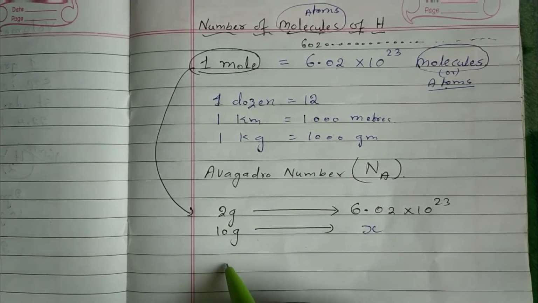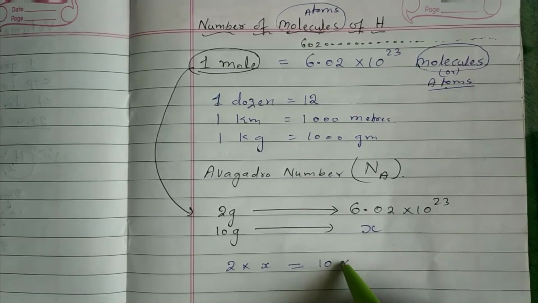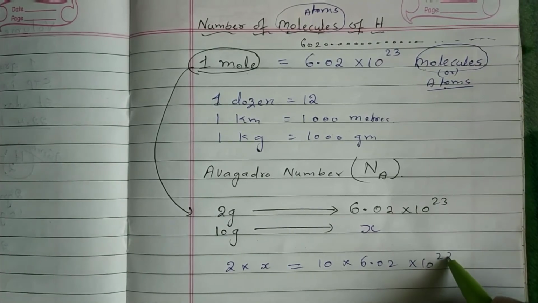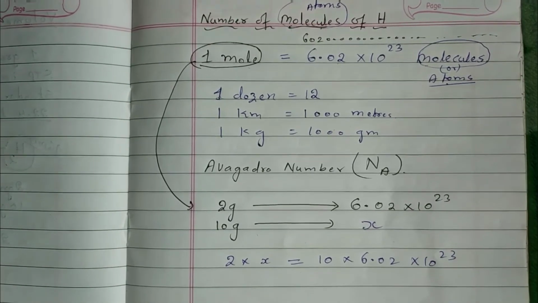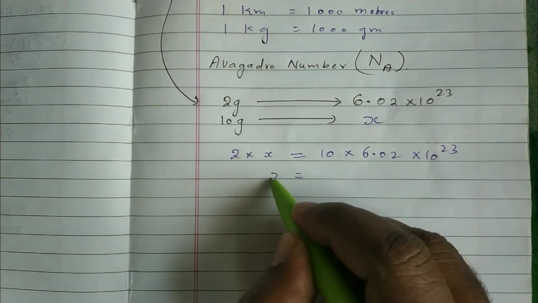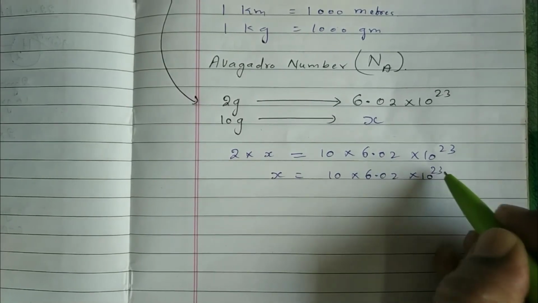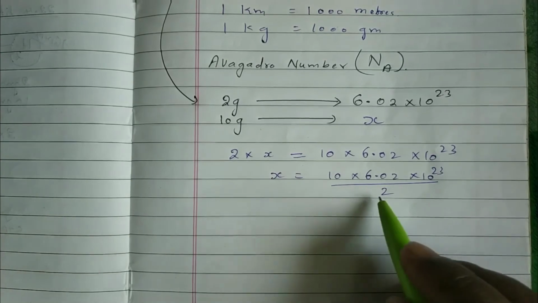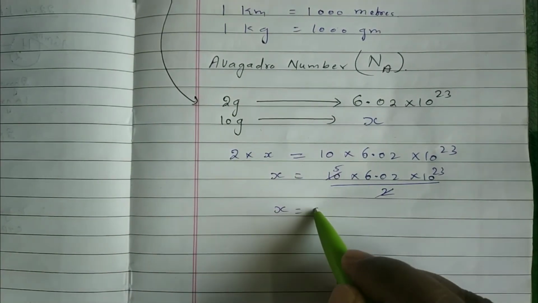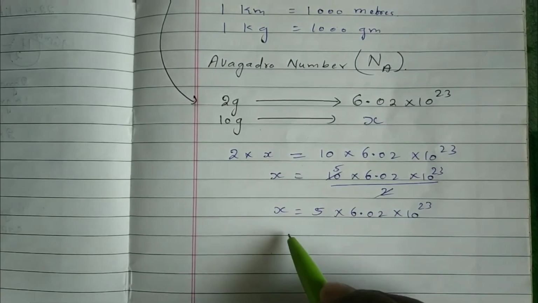Again you do the cross multiplication. 2 into x is equal to 10 into 6.02 into 10 to the power of 23. So if you simplify, you will get x is equal to 10 into 6.02 into 10 to the power of 23 by 2. So 2 fives are 10. So x is equal to 5 into 6.02 into 10 to the power of 23.